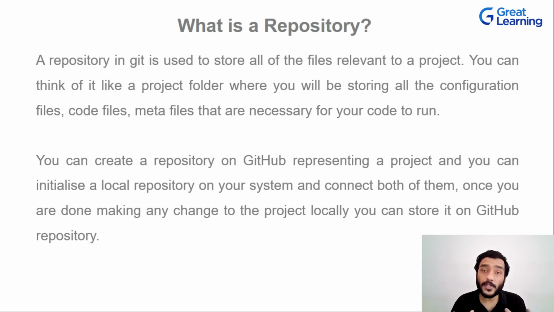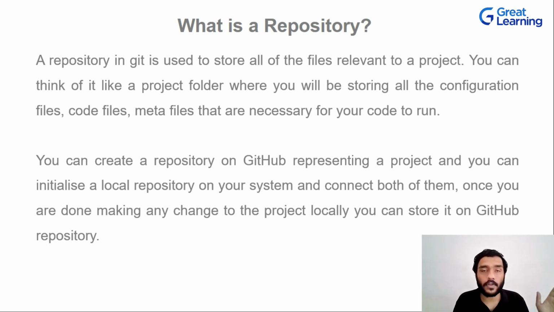You can create a repository on GitHub representing a project, and you can initialize a local repository on your system and connect both of them. So what I'm talking about here is, when you go to GitHub, you can basically create a repository, or you can tell GitHub that you want a repository, and then come back to your local system, that is your laptop or your PC, and you can initialize a local repository, which is basically taking a folder in your own laptop or PC and telling Git that I want this to be my local repository and that to be my remote repository.